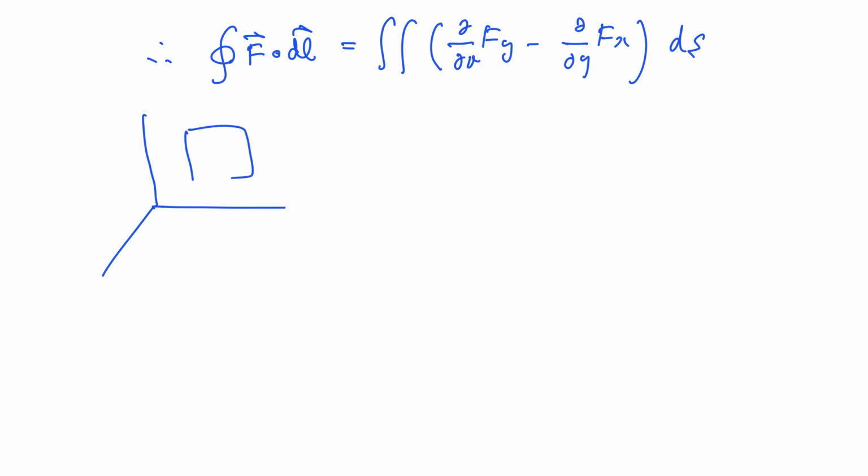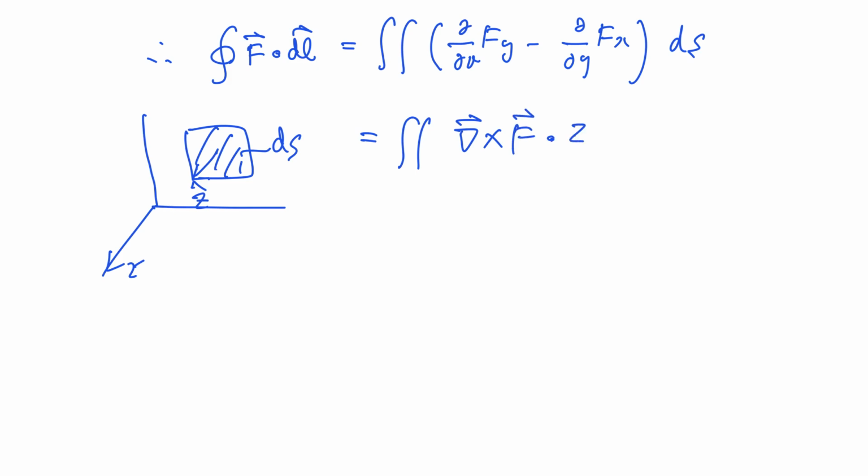We have, this is C. So the normal direction is this. This is ds. So this is something like the curl of f dotted with z, ds. Over, first let's wait to see if it repeats itself.